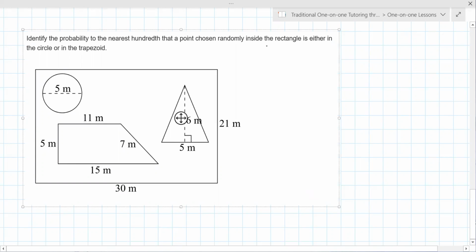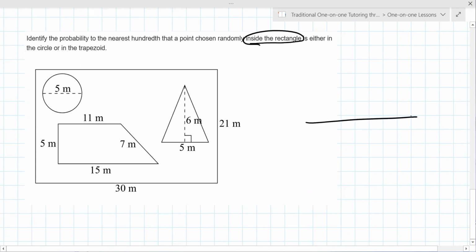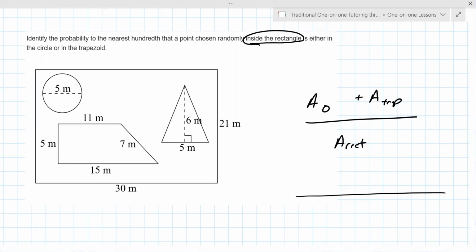So this time it says inside the rectangle. So that's in your bottom, right? What goes in the top? That would be your circle plus your trapezoid. Okay. So on the bottom, it's the area of the rectangle. So what is the area of a circle? What's its formula? It's pi times the radius squared.